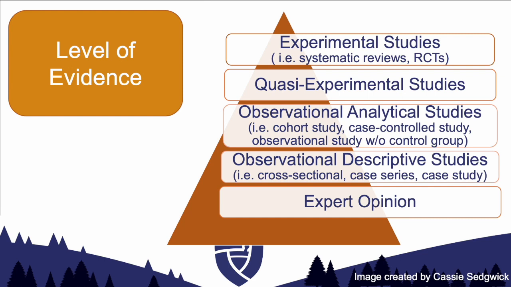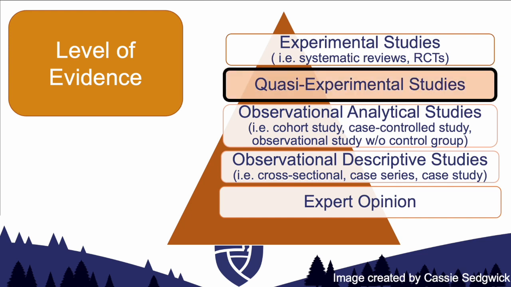Observational studies fall below quasi-experimental research, which include observational analytic design, such as cohort studies and case-controlled studies, and observational descriptive studies, such as cross-sectional studies, case series, and case studies. Expert opinions have the lowest level of evidence. For the remainder of the presentation, we will focus on quasi-experimental studies.